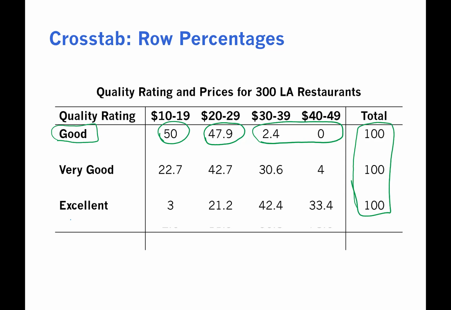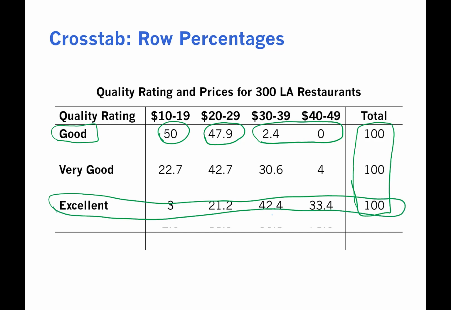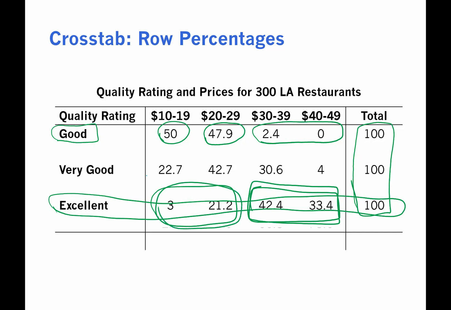Or you can say among restaurants that are rated excellent, most of them serve food that is expensive, between 30 and 49. And not that many of them serve food that's cheaper, in the price range of 10 to 29. So again, this is telling you, in some sense, there is a positive relationship between quality rating and prices.